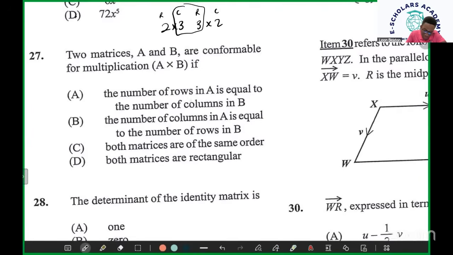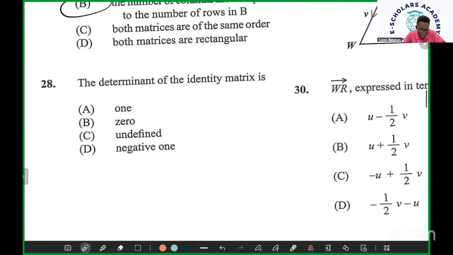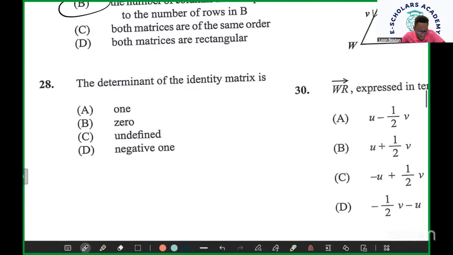Let me see the number of rows in A. Nah, we ain't dealing with rows, we're dealing with columns. So the number of columns in A is equal to the number of rows in B. So yeah, B. Number of columns got to be equal to the number of rows. This is a nice and easy one. The determinant of the identity matrix is, we know this, simply 1.